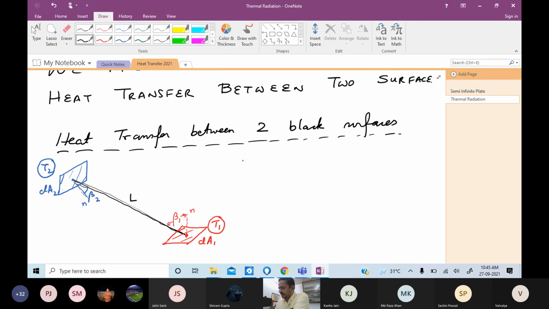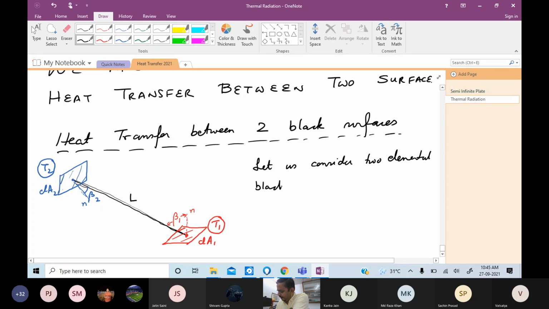So let us leave it at this and write what we just said. Let us consider two elemental areas dA1 and dA2, and I want to calculate the net radiation.